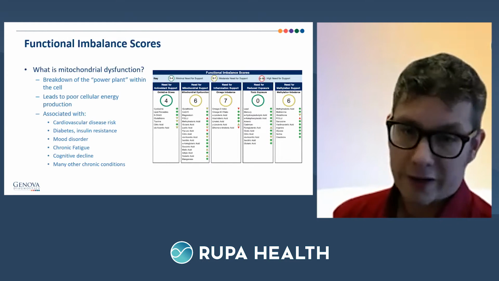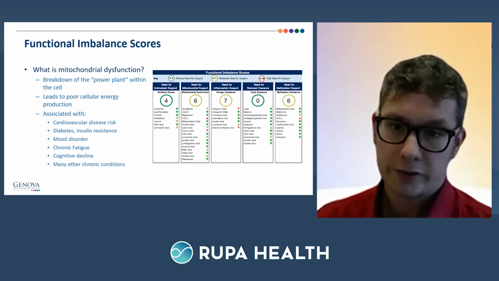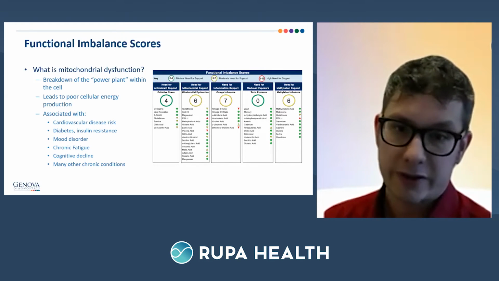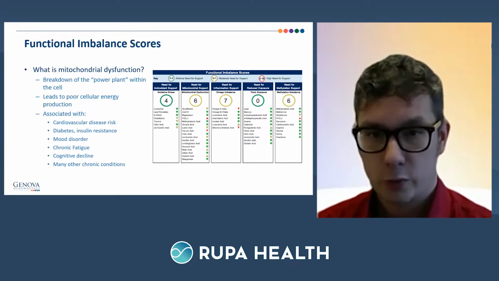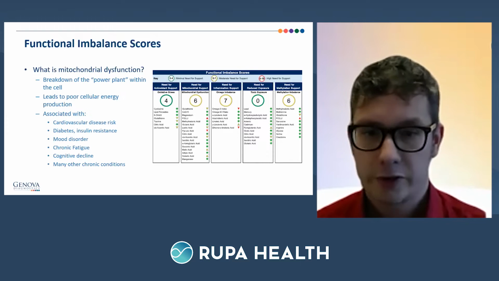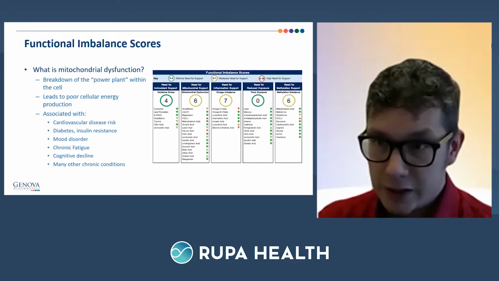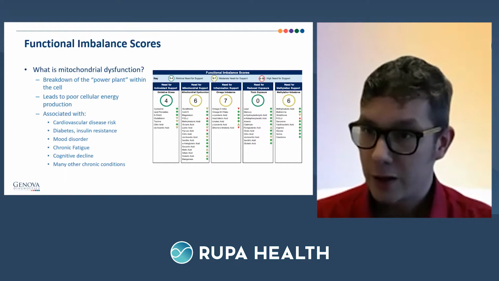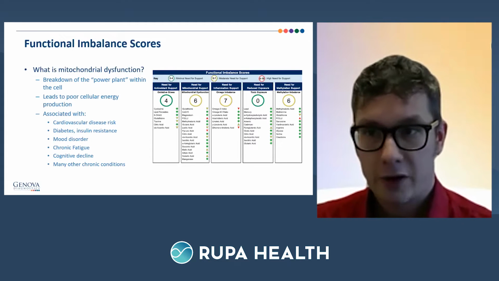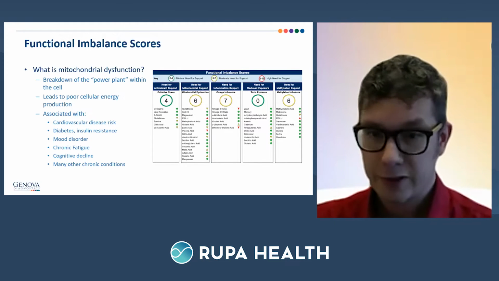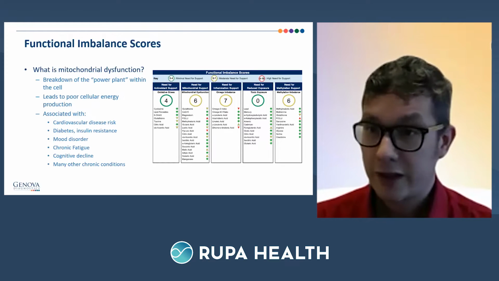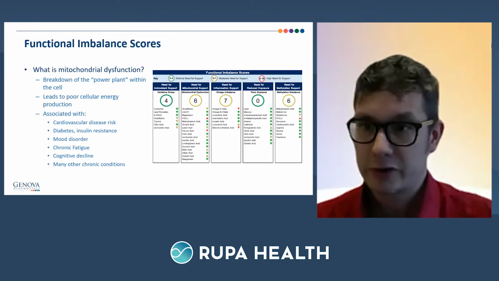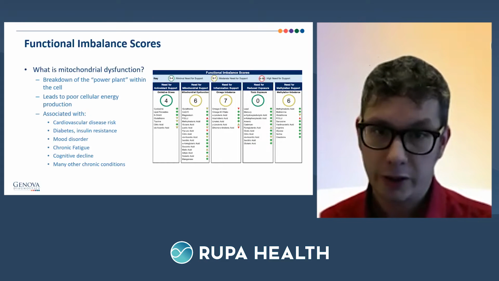So cardiovascular disease is associated with mitochondrial dysfunction, diabetes and insulin resistance, and even mood disorder is strongly correlated with mitochondrial changes and dysfunction. Chronic fatigue, obviously, because if you're not making energy in the cells, you're going to have a hard time having energy systemically. Cognitive decline makes sense. And that's just a high-level list. There are so many more things that you could put here.